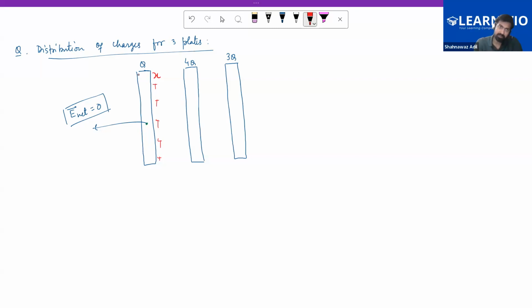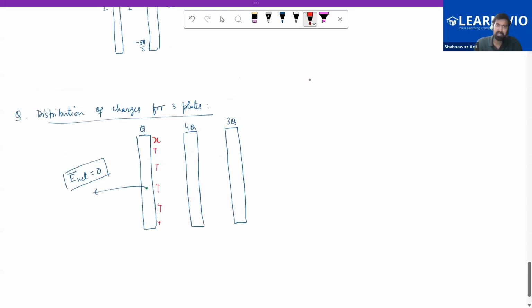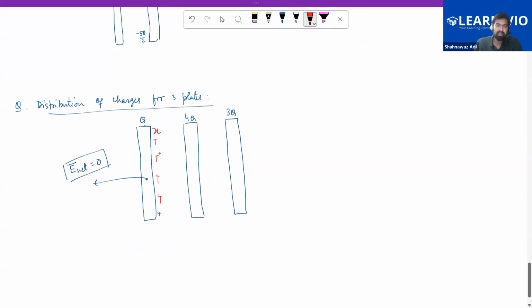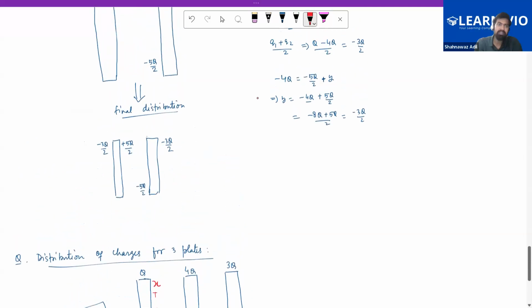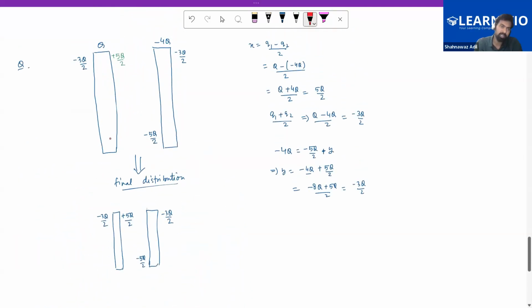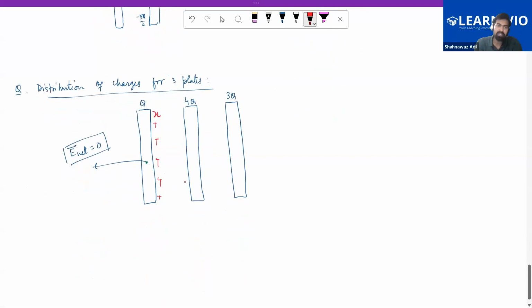So we have this plate, and the plate will have two sides, the left side and the right side. So there would be different kinds of distribution on this plate. But the key idea of the plate is that the net electric field has to be zero. That is the thing that we are calculating.